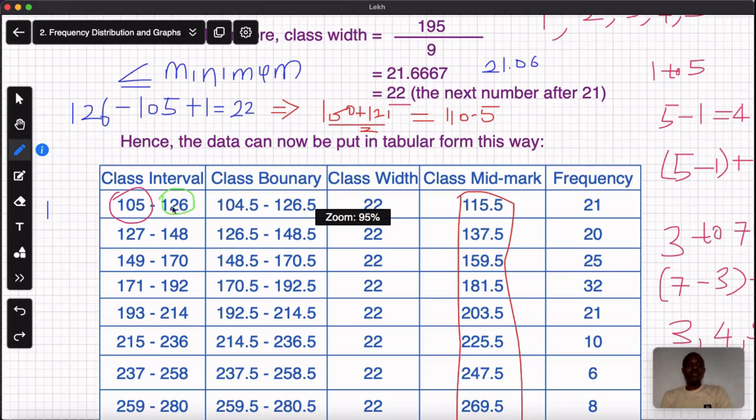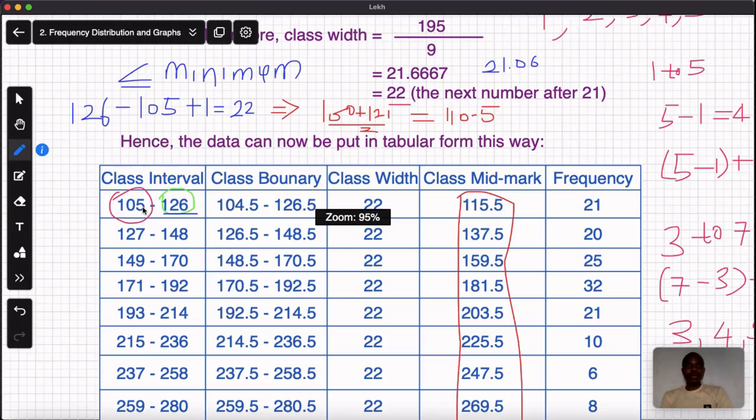Then when you have gotten the first class, you just need to keep adding. Don't forget, in order to get this one, we needed to add the class width to 105, but minus 1. So that means that you are adding 21 to this.